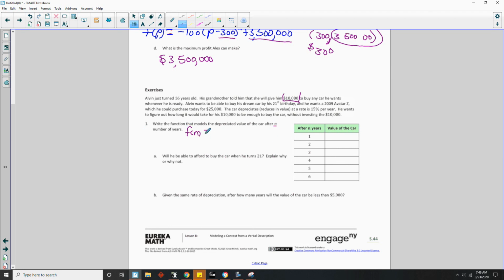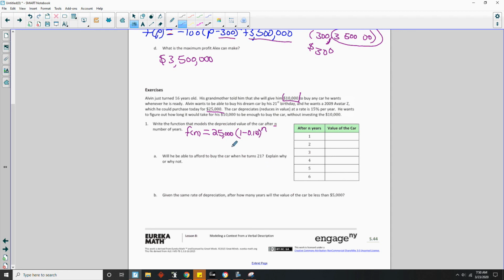So f of n is going to equal the cost of the car now, that's the initial value, principal, $25,000. And we're going to depreciate that, so that's going to be 1 minus the 0.15, the interest rate, to the power of the number of years.